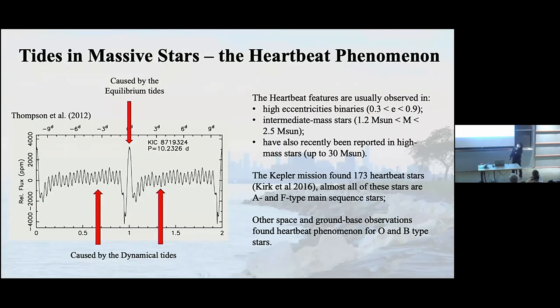This is just an observational bias, because Kepler does not observe many massive stars. But some other space and ground-based observations found that this heartbeat phenomenon also exists in O and B type stars, which means a heartbeat system can exist in a binary containing a star as massive as 30 solar masses.